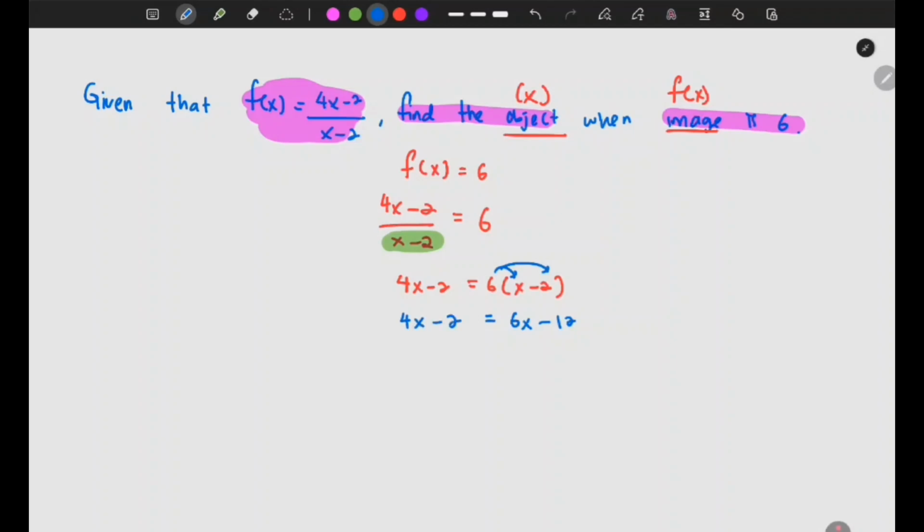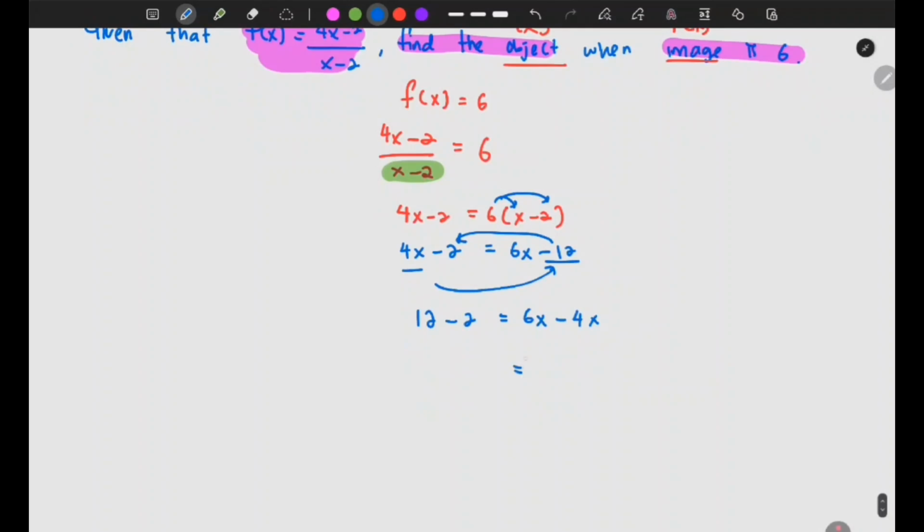Equals 4x minus 2. You see, I didn't do anything, I'm just expanding, just doing the normal mathematics. Then bring your x to one side and the normal numbers to the other side. The 4x I bring here, so 6x minus 4x, and the negative 12 becomes positive 12 minus 2.